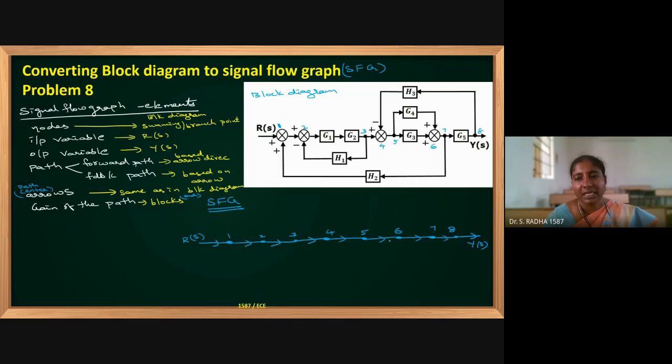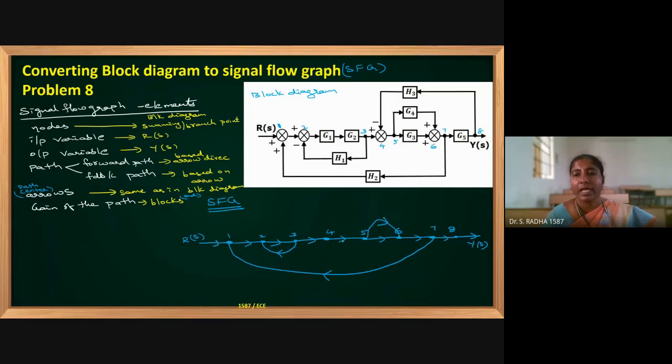Just I have given directions. Between 3 and 2, you can see one backward direction is there. Between 7 and 1, it is again a backward direction. And between 5 and 6, forward direction.